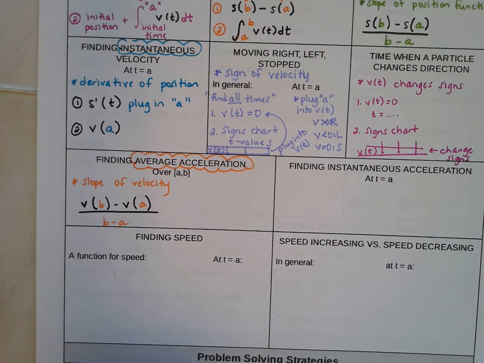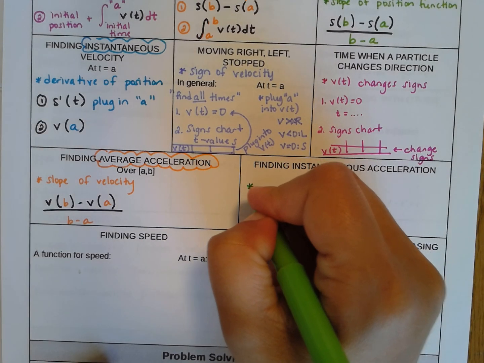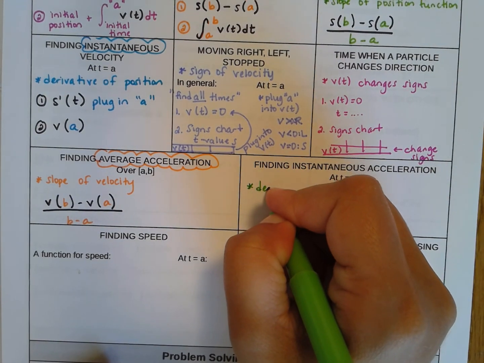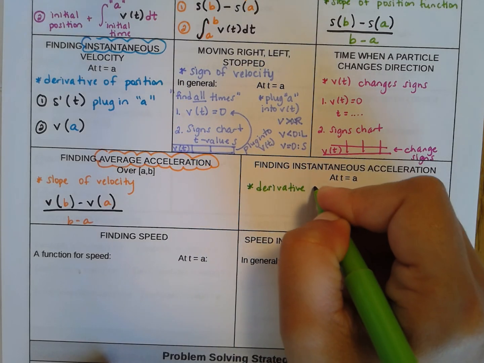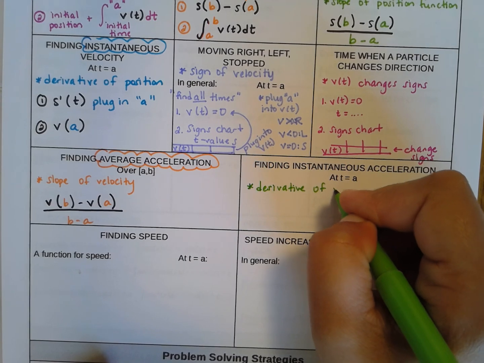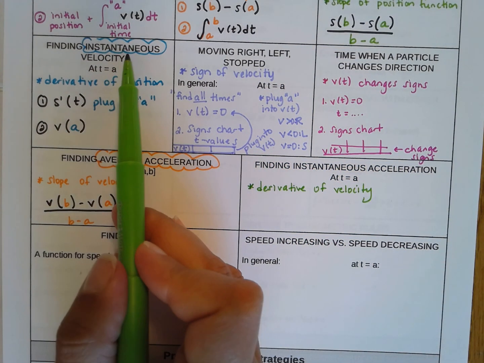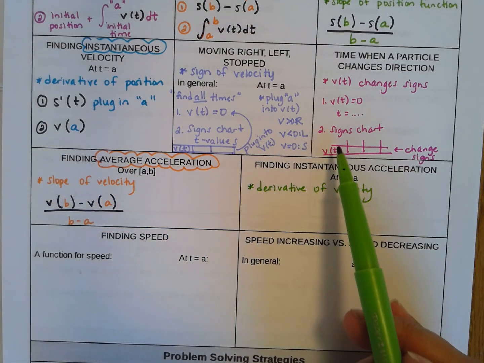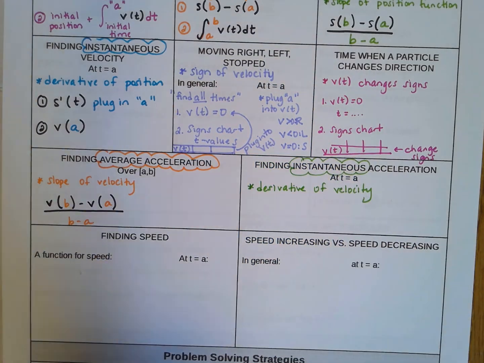Now, instantaneous acceleration, just like instantaneous velocity, is the derivative of velocity. So just like instantaneous velocity is the derivative of position, instantaneous acceleration is the derivative of velocity.